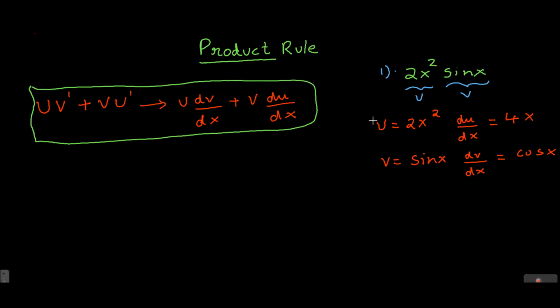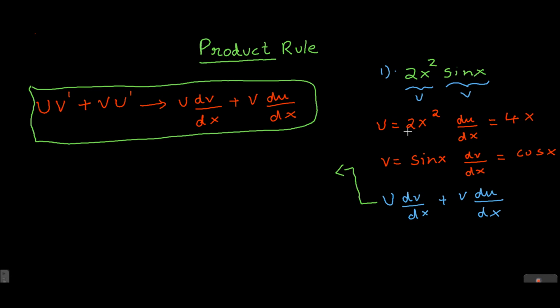So we're going to use the formula again. u dv over dx plus v du over dx. Here's our formula. So now we're going to get our answer. Let me just do that over here.